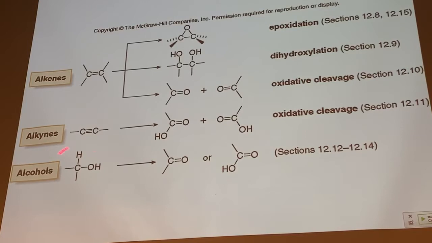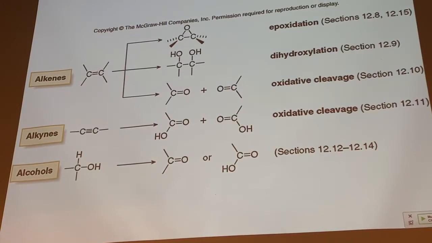And then alcohols, as we'll learn at the end of the class today, depending on the type of alcohol, you can obtain either aldehydes, ketones, or carboxylic acids when we oxidize them. So we can replace pi bonds with carbon-oxygen bonds. We can replace carbon-hydrogen sigma bonds with carbon-oxygen bonds in these types of oxidations.